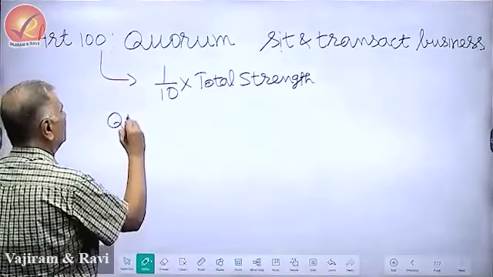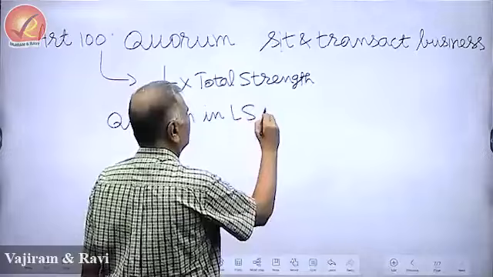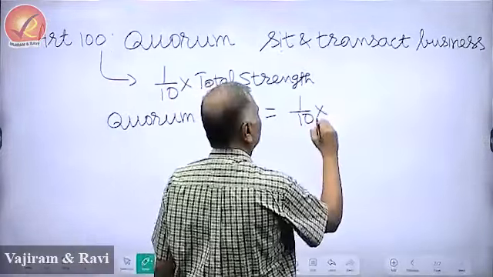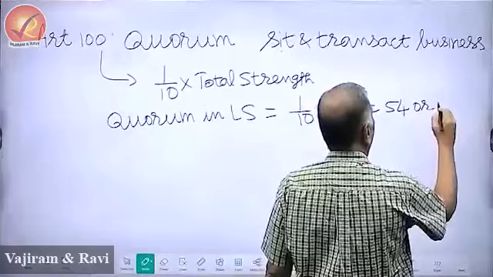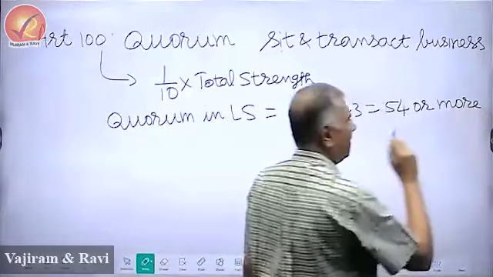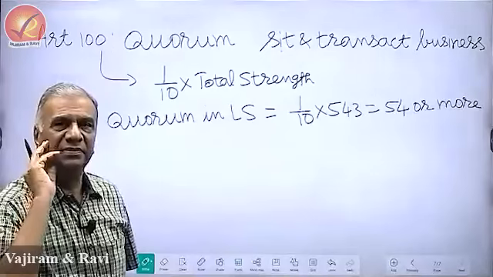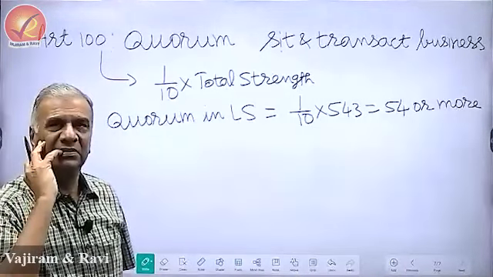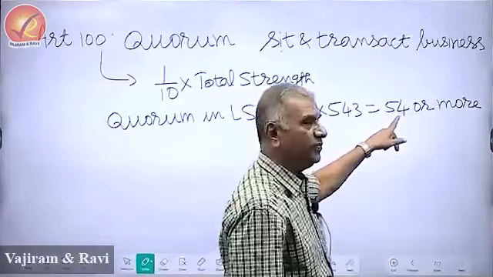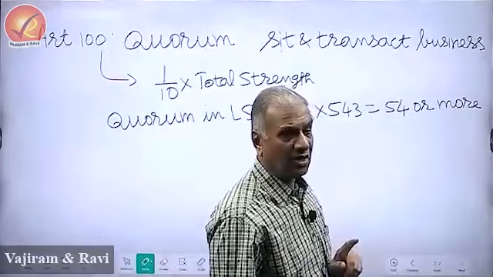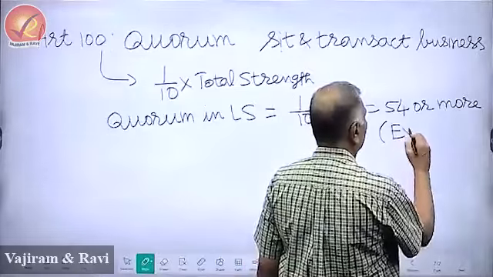So the quorum in Lok Sabha is 1/10 of 543, which is 54 or more. And does this number 54 include the presiding officer or not? Is the speaker included? Excluding the presiding officer.